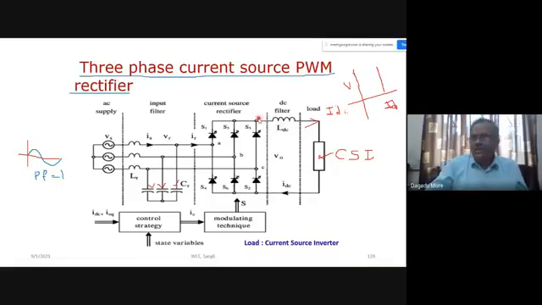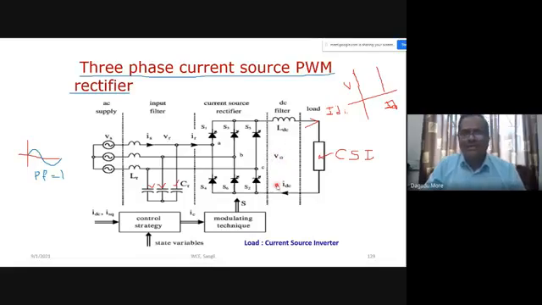We have seen the duality. Duality is present between the voltage source PWM rectifier and the current source PWM rectifier. The similarity is that both will take a sinusoidal current with unity power factor from the supply. Here the voltage source PWM rectifier works in boost mode, whereas this one will work in buck mode.